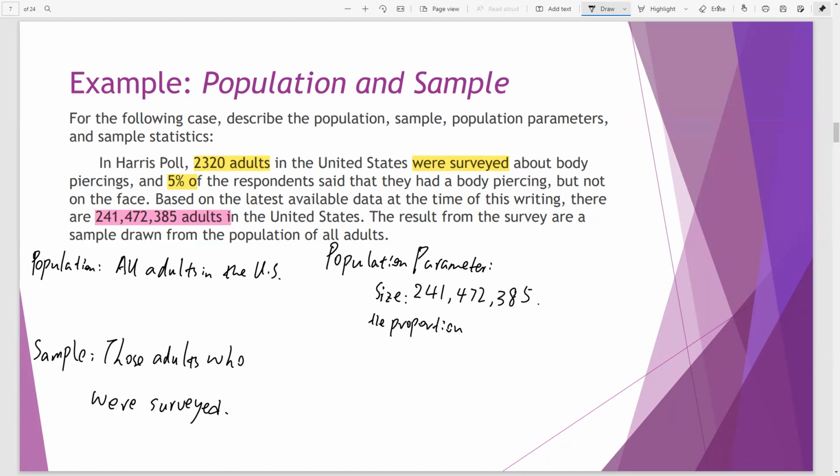So we can assume there's only proportion here. Another thing is the proportion of US adults who have body piercing.